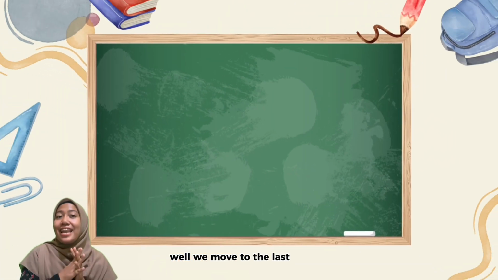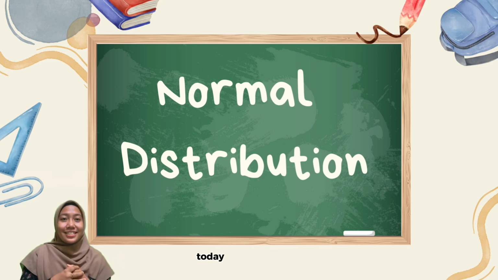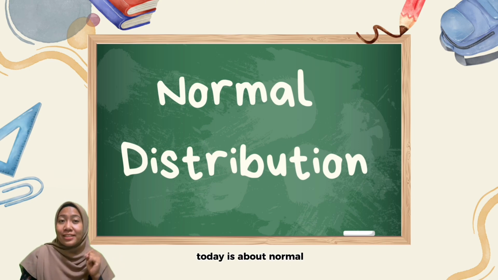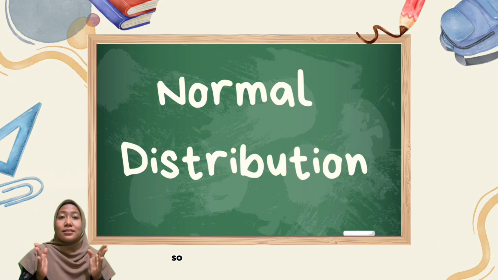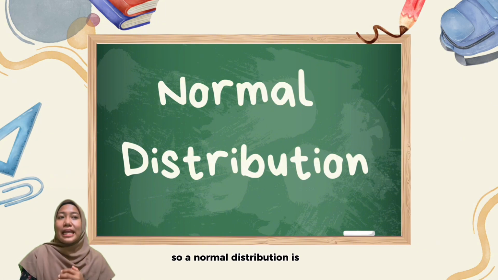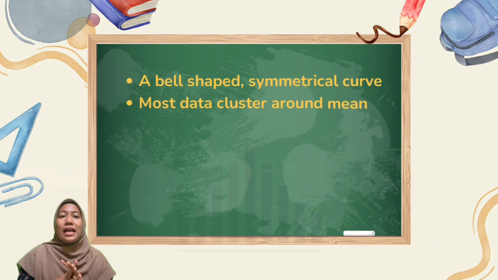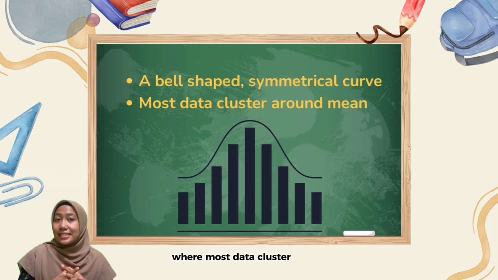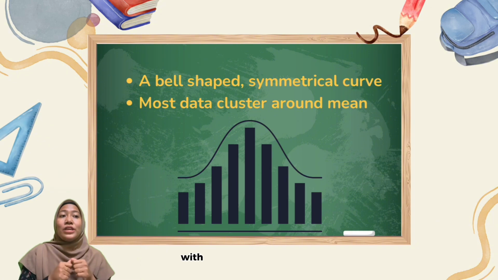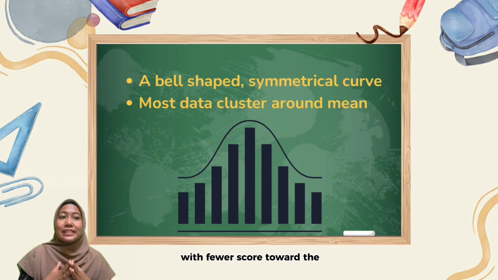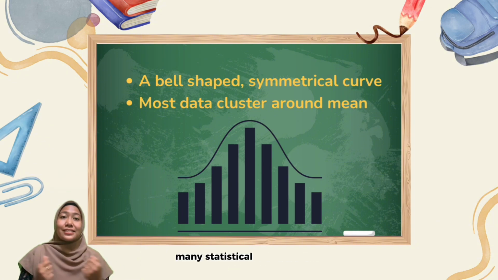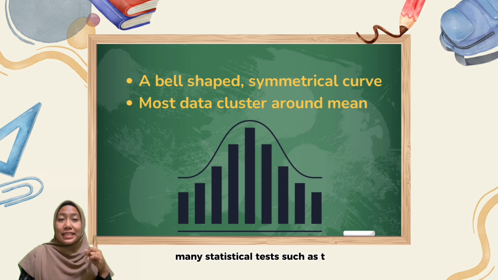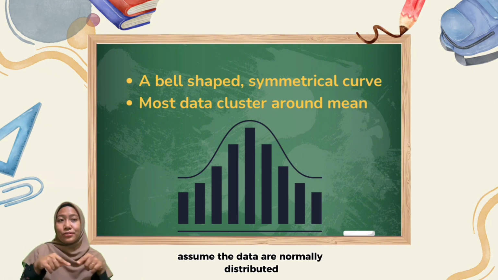Well, we move to the last material that we will discuss today. It is about normal distribution. A normal distribution is a bell-shaped, symmetrical curve where most data cluster around the mean, with fewer scores toward the extremes. Many statistical tests such as t-test and ANOVA assume the data are normally distributed.